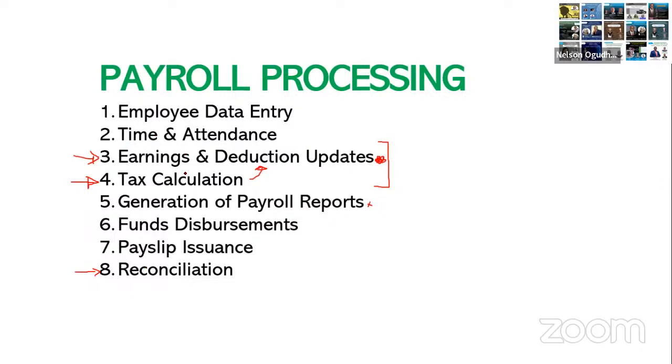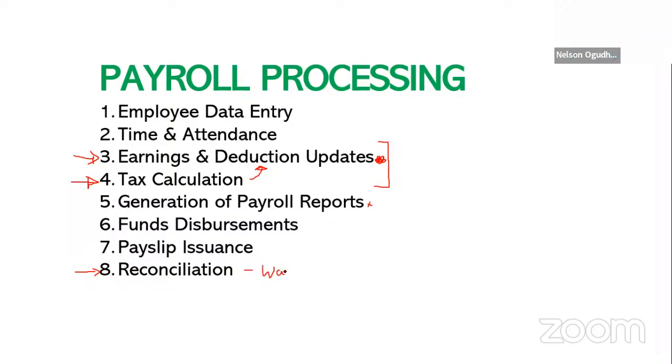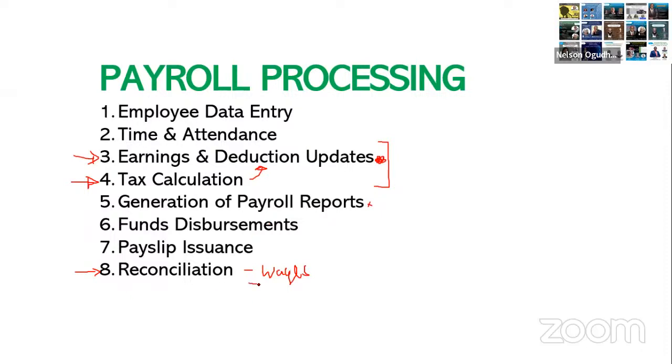If your earnings here have accounts in finance for staff wages, you want to see that what went to wages is the correct one. What needs to go to KRA under taxes, in the profit and loss account or in the balance sheet, or in the trial ledger, is accurate. This is where you interface with the finance team to make sure that whatever you have run in HR is accurate on the finance reporting side to balance the books.